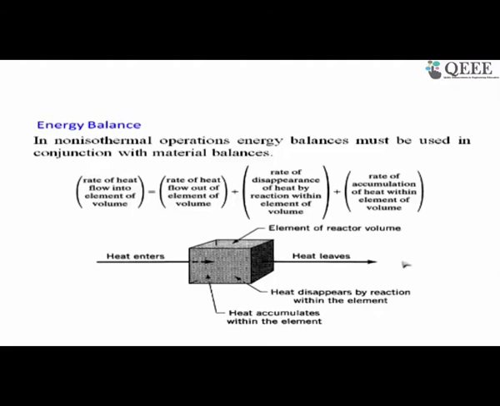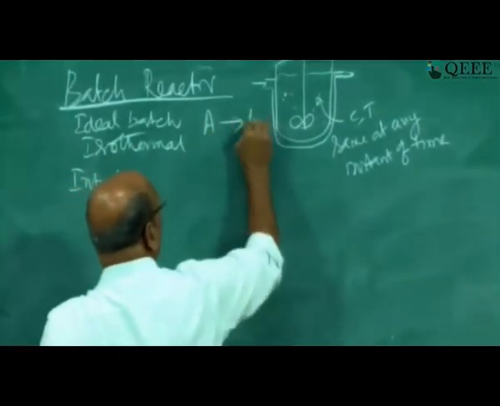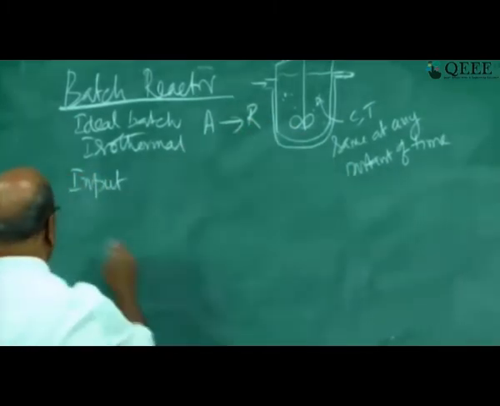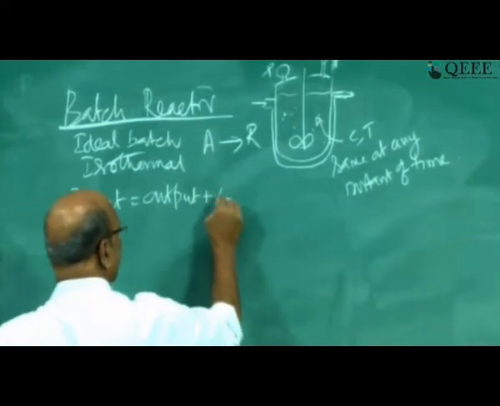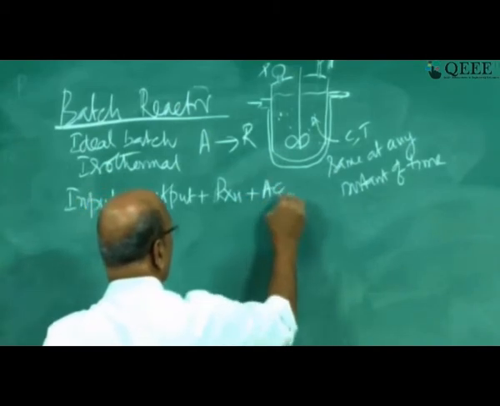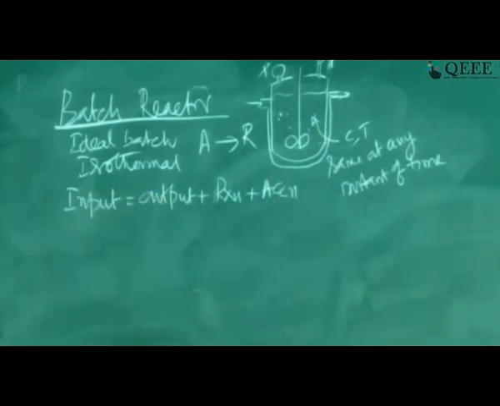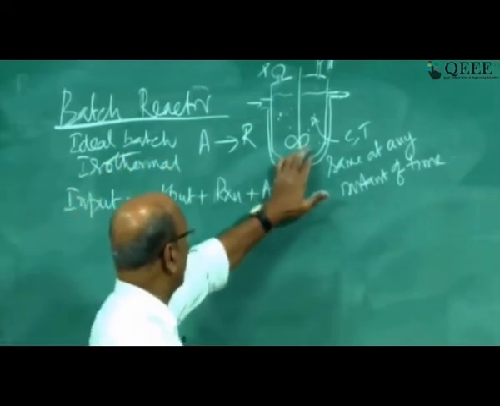So now let me write that general expression. I am simplifying it. It can be written for anything: input equal to output plus reaction plus accumulation. Right. And a batch reactor is inherently an unsteady state reactor.